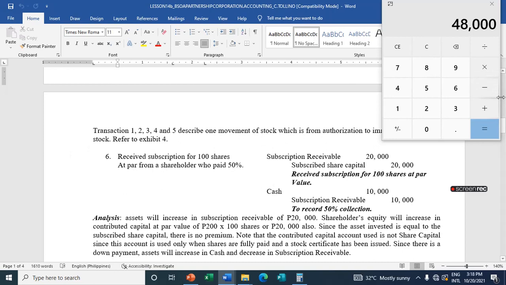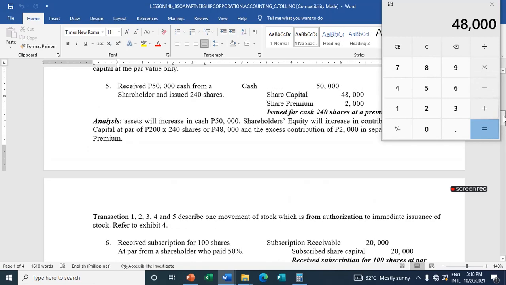Ayan, sa transaction 1 to 5, describe one movement only, one movement of stocks which is from authorization to yung stock already na nag-issue na diretso sila ng certificate of stock kasi binayaran ng shareholder lahat, he paid it in cash.